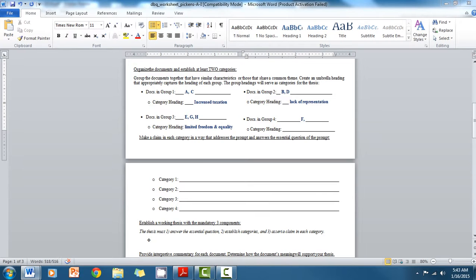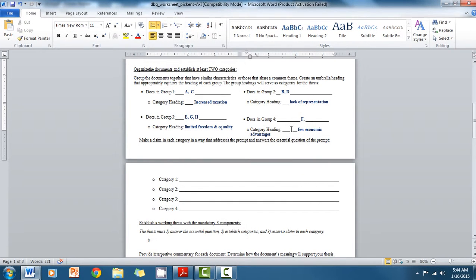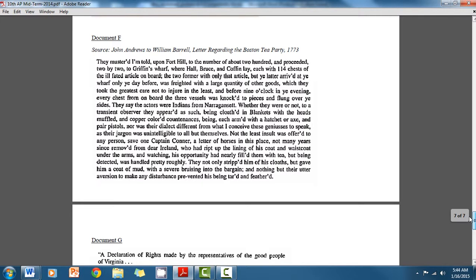And so document F, one overview category heading for it would be the few economic advantages that the colonists had. And so when you go back to document F, that's what enticed the Boston Tea Party, how the colonial merchants were being cut out of the tea trade.